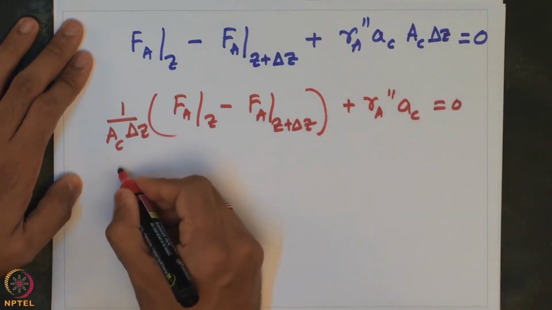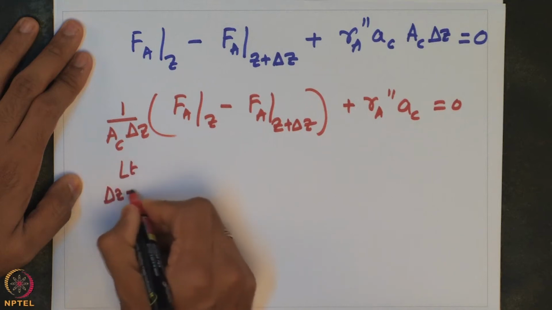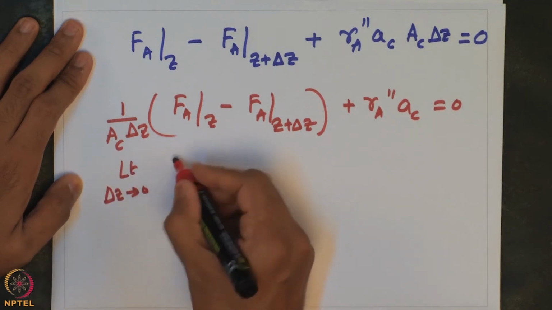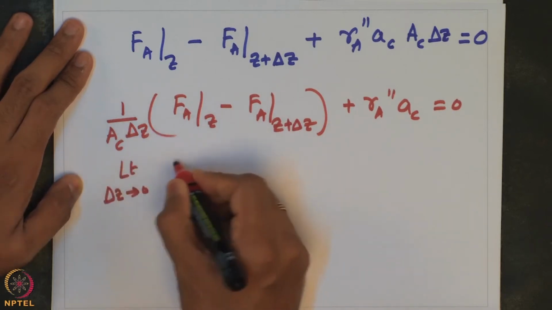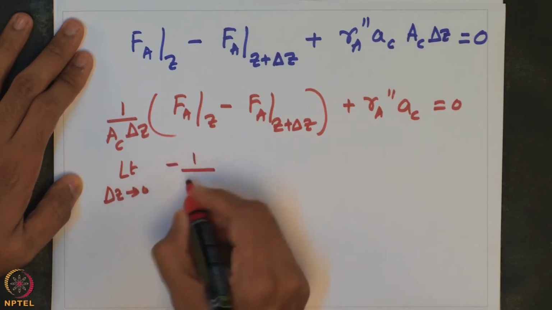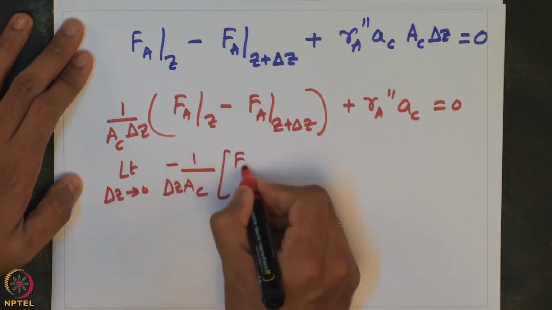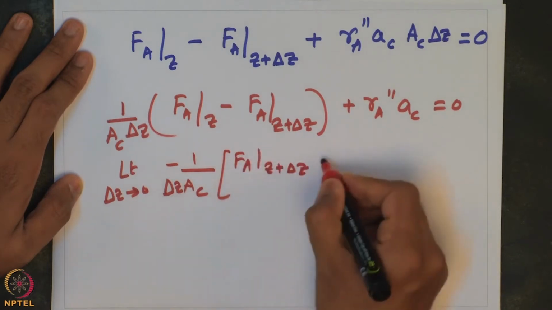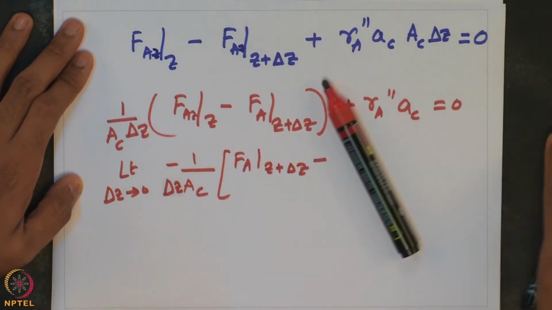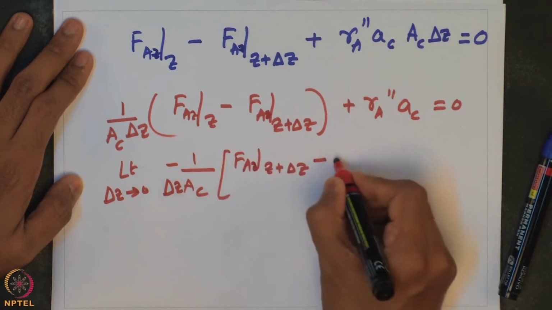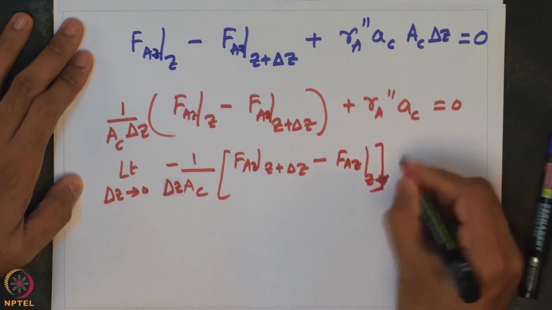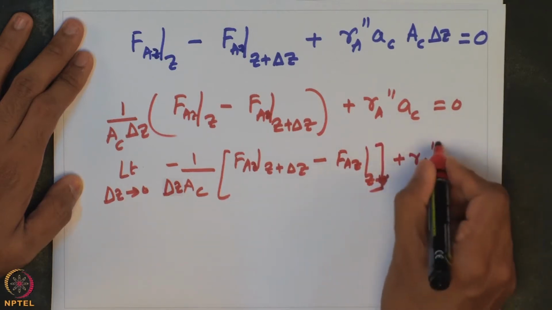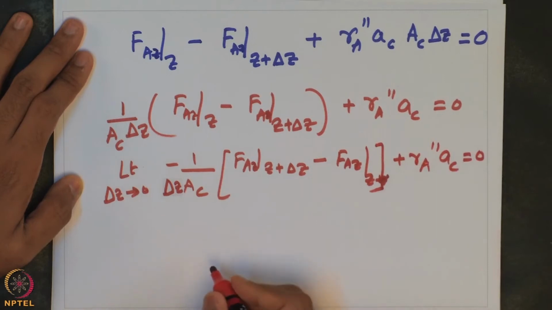So, if I impose the condition that the limit as delta Z goes to 0, that is if it is a small element, then I can rewrite this expression as the limit as delta Z goes to 0 of minus 1 by Ac into Fa at Z plus delta Z minus Fa at Z. This is the Fa at Z, which is the rate at which the species is actually flowing in the Z direction, plus Ra double prime into a_c equal to 0.